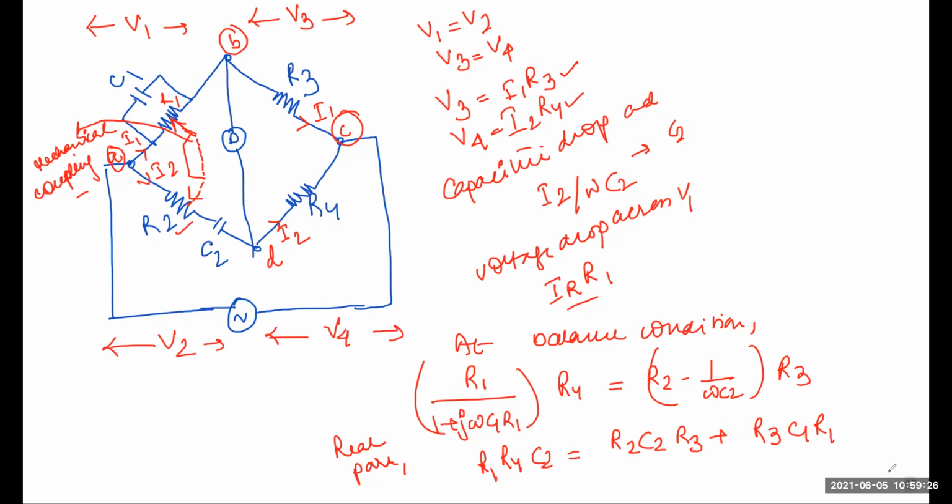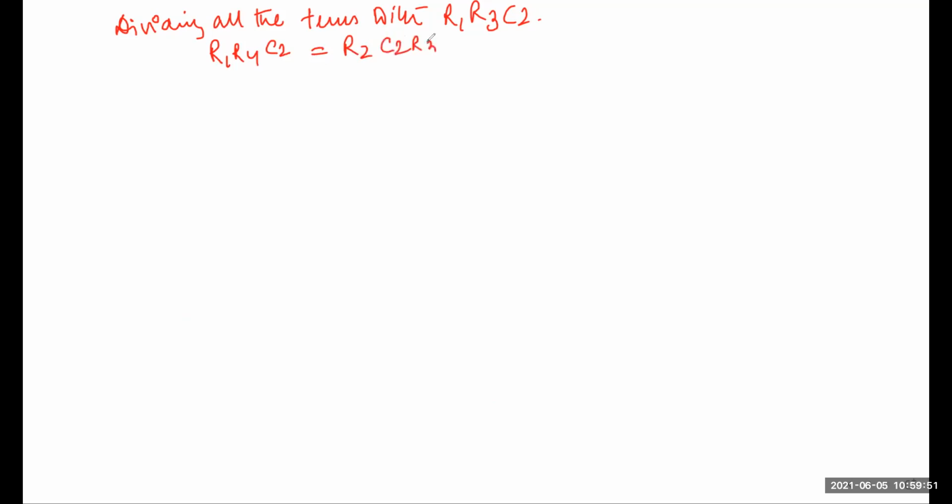I'm moving to the next page. Dividing all the terms with R1 R3 C2. After doing what we will get, see the actual equation was this: R1 R4 C2 equals R2 C2 R3 plus R3 C1 R1.